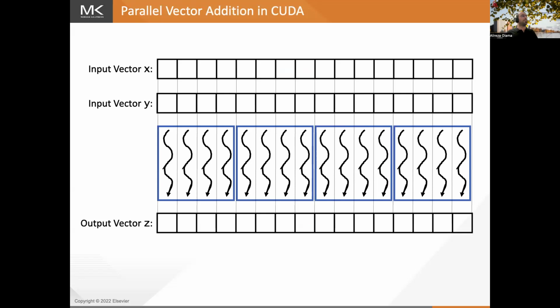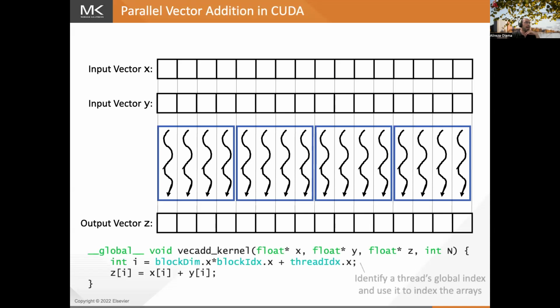So then we had an example for a parallel vector addition where you assign each data element to a thread, and then you perform the addition operation in parallel. And here is how we developed the kernel for this vector addition, which is called vector addition kernel, in which you pass in the vector x, y, z, and the number of elements.